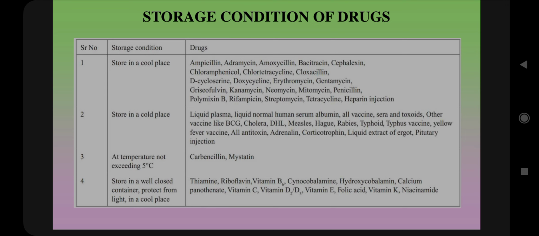Next is at a temperature not exceeding 5 degrees Celsius, that is carbenicillin. The fourth one is store in a well closed container, protect from light in a cool place. The examples are riboflavin, vitamin B6 and thiamine.